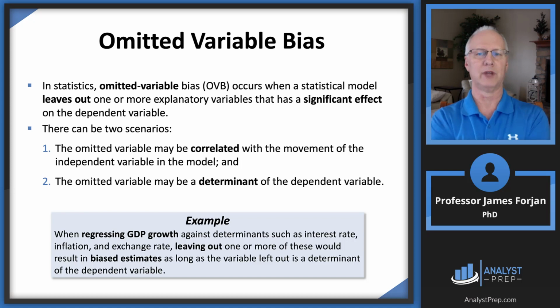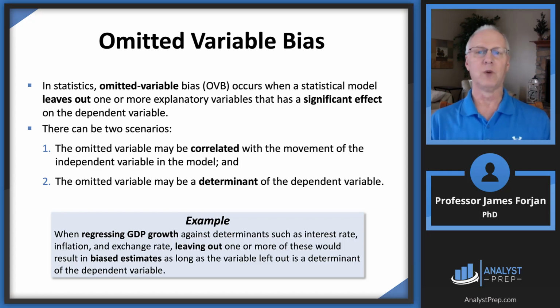Look at the bottom example I have before I give you some definitions up at the top. Let's suppose that our regression equation is trying to explain the growth rate in GDP. So we collect data on things like interest rate and inflation and exchange rate. All right, so that makes perfect sense. Those three variables ought to do a pretty good job of at least beginning the explanation of GDP growth.